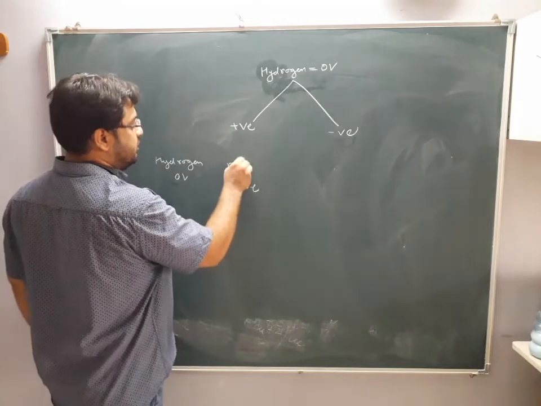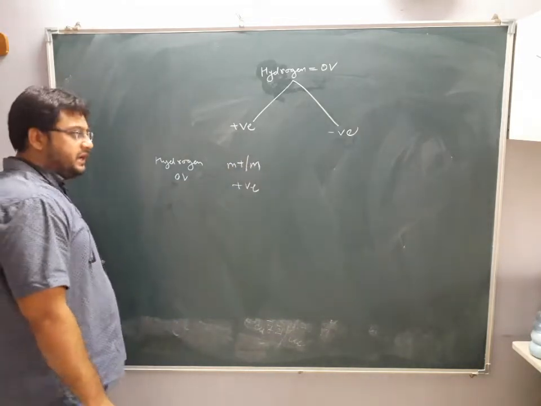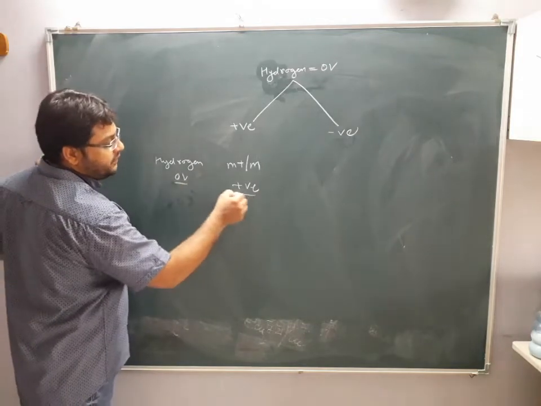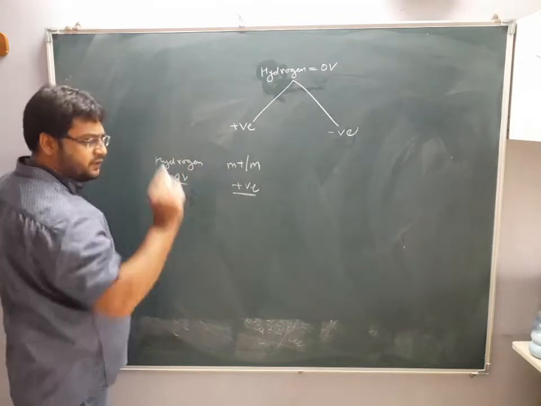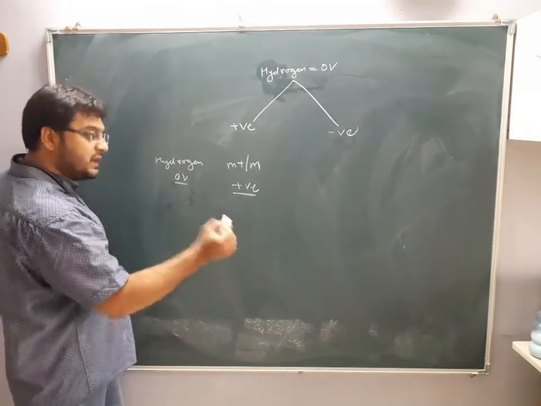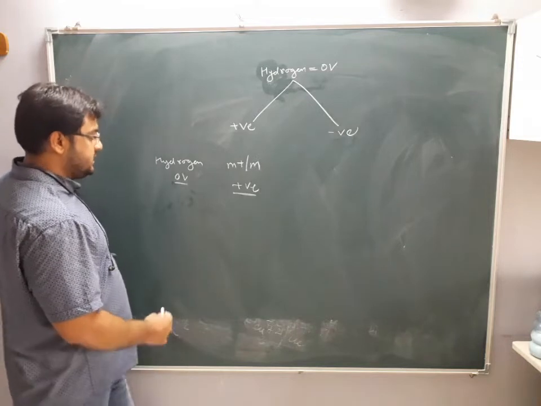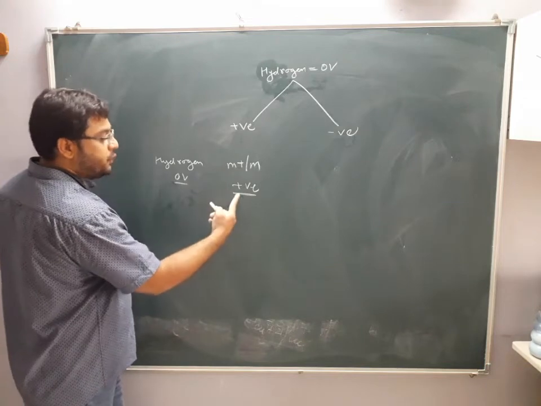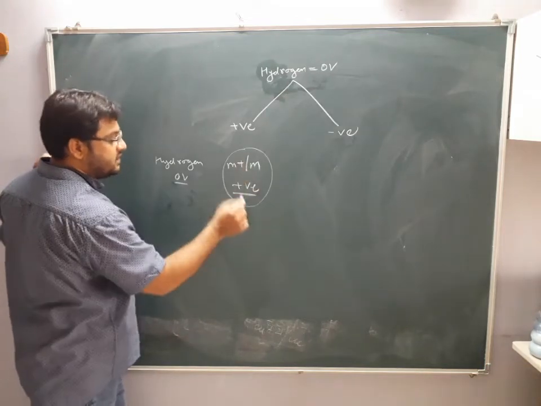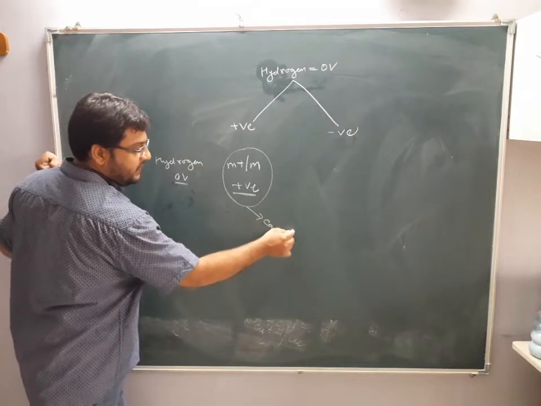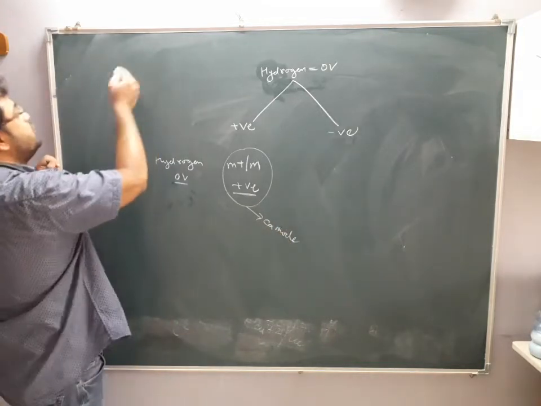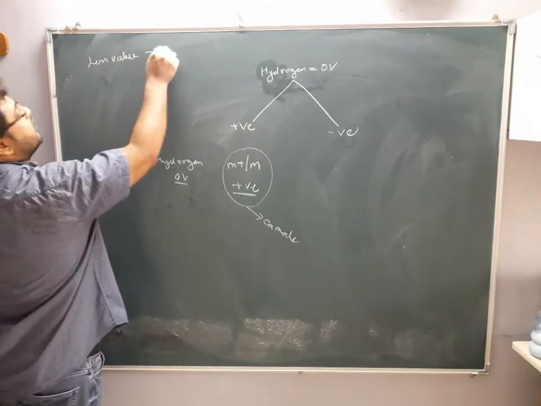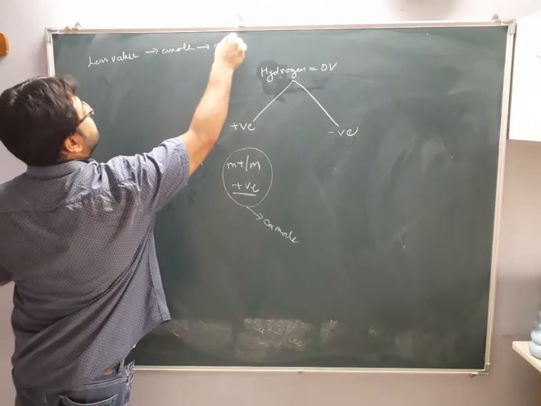Whatever metal is there will act as a cathode, forming M plus M. So what does it indicate? It tells us, first point, that as compared to hydrogen, the positive value electrode will act as cathode, because I told you a shortcut: less reduction potential value, anode, and at anode oxidation occurs.